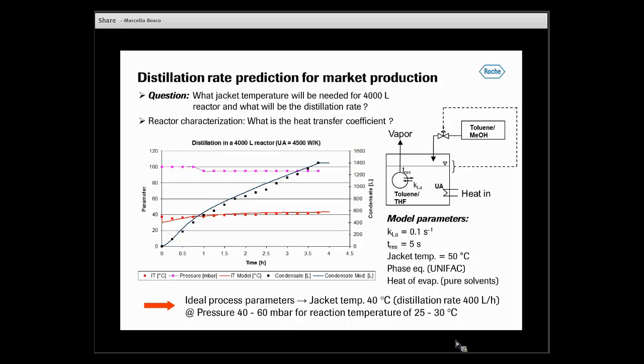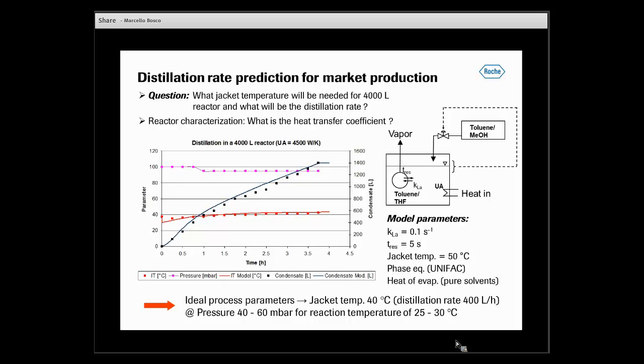The condenser was also in this calculation. The condenser was an important item because we have seen that in the first calculation the condenser was too small, the one that is used in market production.